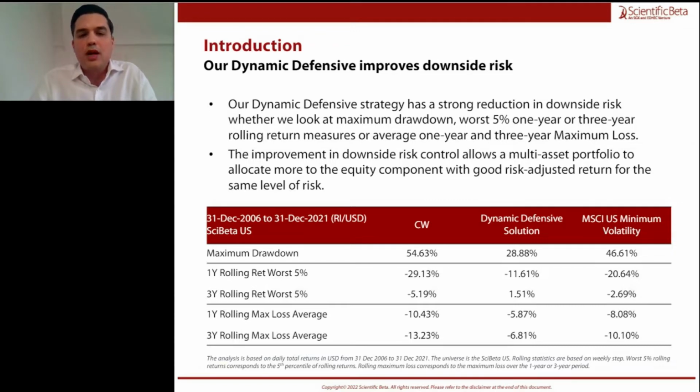So investors have a nice tool in their hands to incorporate in their multi-asset portfolio and get the benefits of the low volatility factor risk premium, and the overall dynamic defensive solution that we offer.